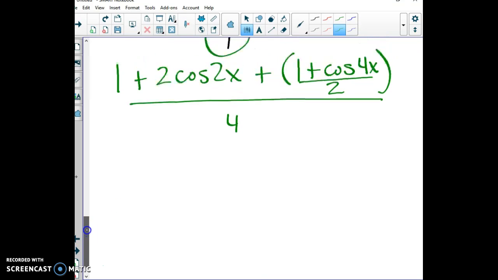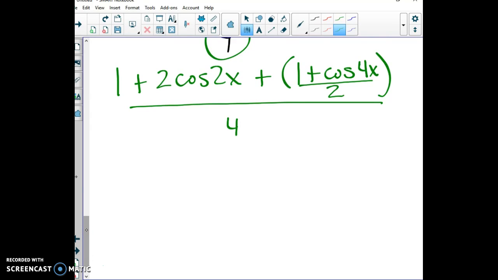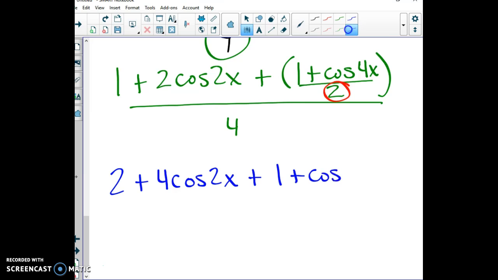The next step in the book is funny. What they're doing is taking this denominator of 2 and simplifying by multiplying all terms by 2. So that's going to look like this. 2 times 1 plus 2 times 2 cosine 2x, and multiplying the last term by 2 just alleviates us of that denominator, 1 plus cosine 4x.